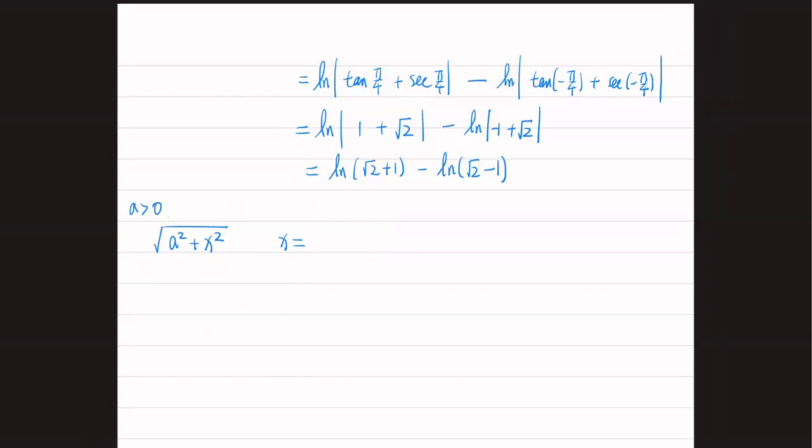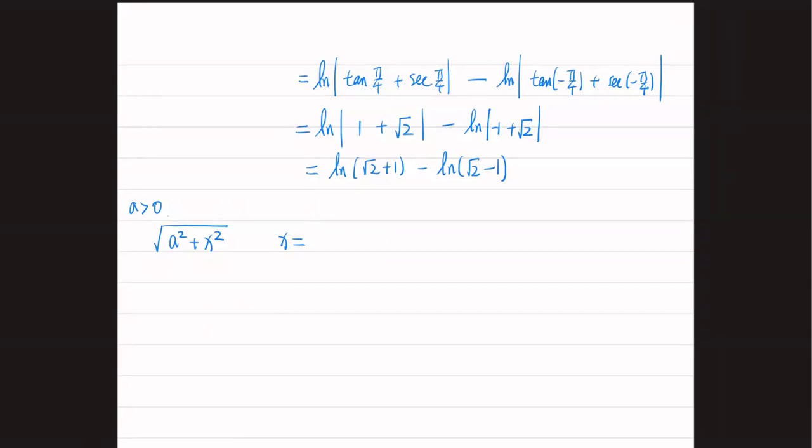Okay, so we're going in the right direction, we want some coefficient. Tangent theta will still be there, and we want something to make a common factor a squared, so we can pull this a squared out. Yes, this will be x equals a tangent theta. Again, the domain will be negative π/2 to π/2.